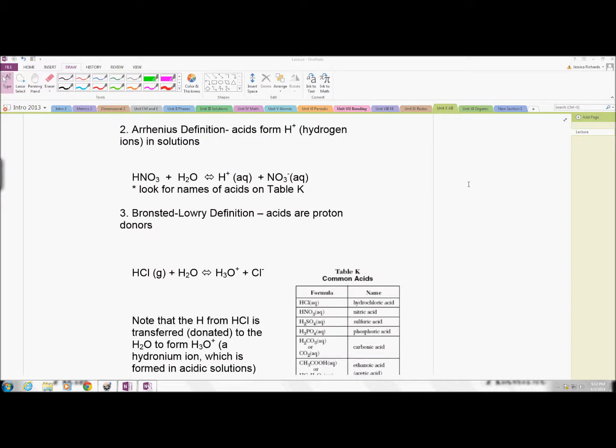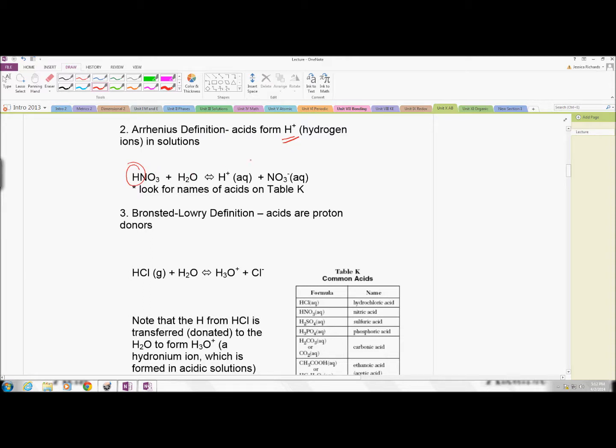There are two definitions of acids and bases that you are responsible for knowing. One is the Arrhenius definition, and that's dealing with ions. So it's going to say for acids that acids make hydrogen ions in solution, so H pluses. So all of the acids that you look at generally start with hydrogen for their positive ion.